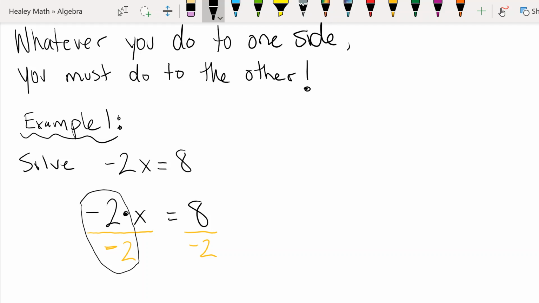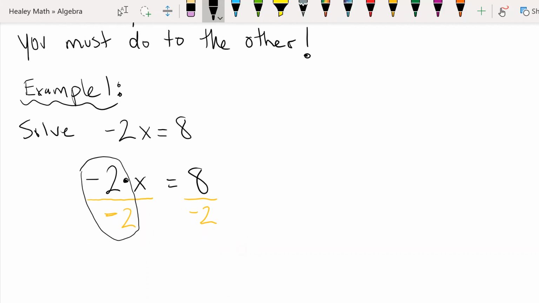Anything divided by itself is 1. Therefore, we're left with x equals 8 divided by negative 2. If we simplify that, it becomes negative 4. And that's our answer.